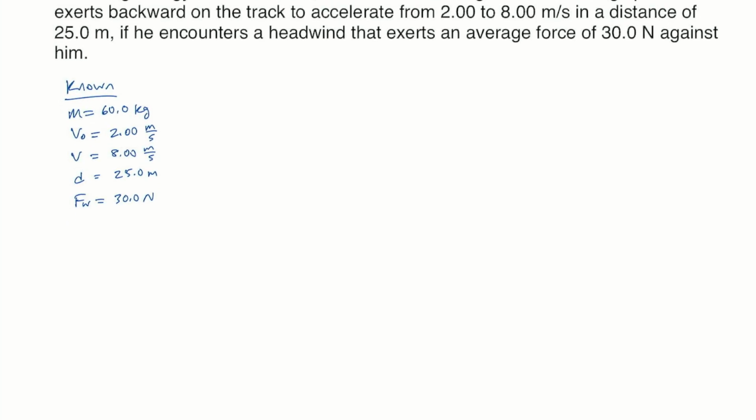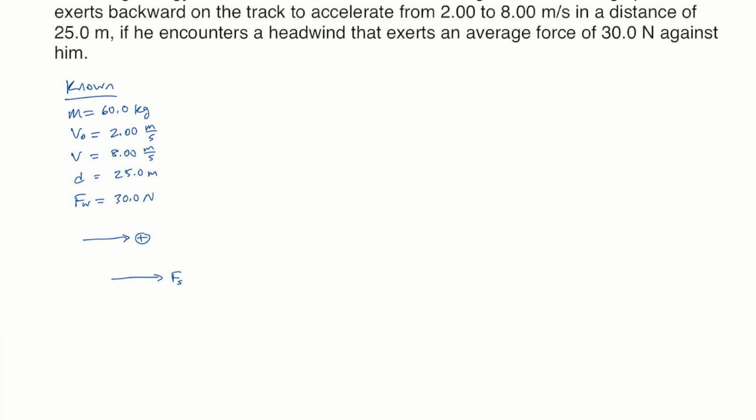Okay, and so let's say the sprinter moves this way. Then the sprinter puts a force on the track that's to the left. So the track puts a force on the sprinter that is to the right. So let's call that F sprinter.